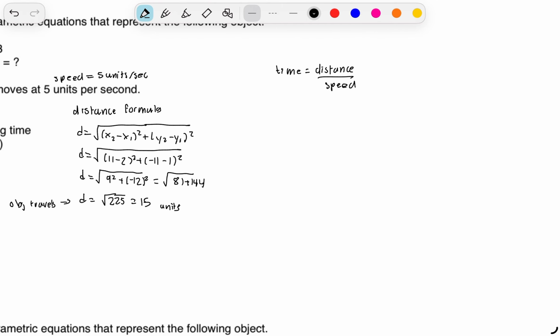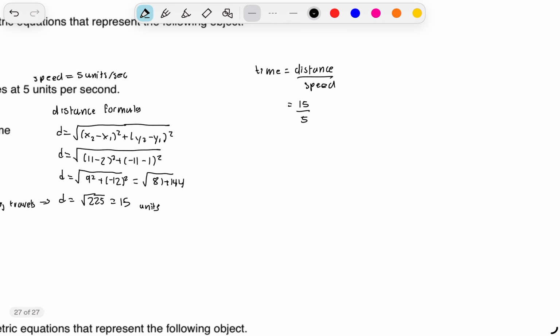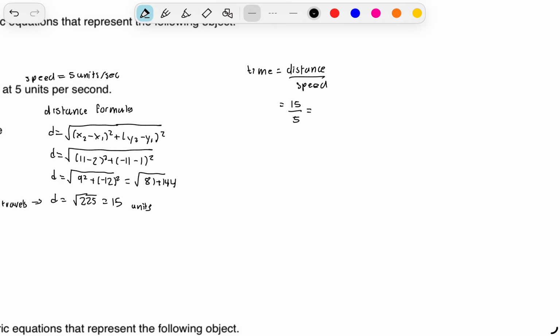So if our distance is equal to 15 and we are moving 5 units per second, that is going to be equal to 3. So it's going to take 3 seconds to go from your first point to your second point.